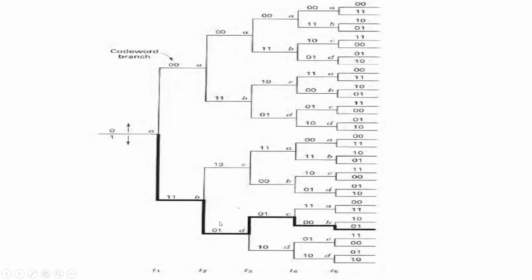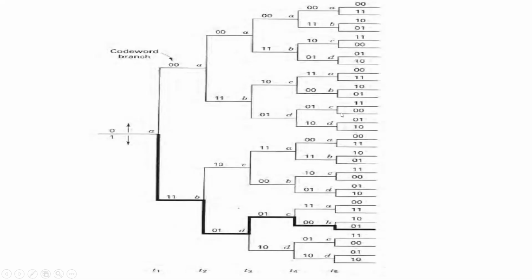Why this bold line is there, I will explain in the later part. But you have to draw the complete general tree diagram of the encoder, considering every option. If the state is B and input bit 0 comes, the next state will be C and the output will be 1, 0. If the input bit 1 comes and the state is B, the next state will be D and the output is 0, 1.